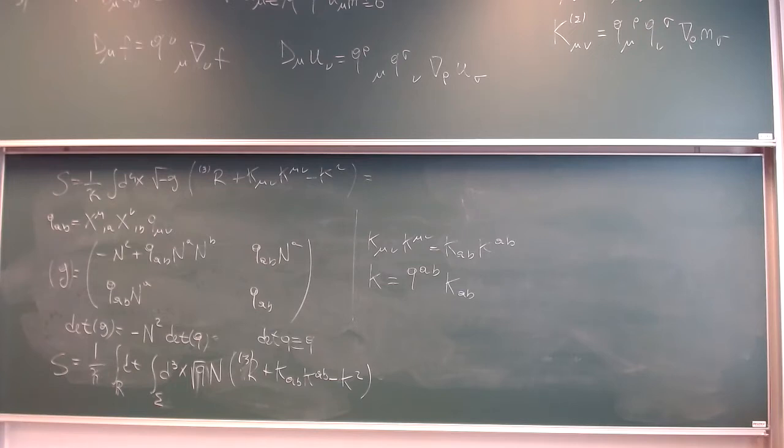No, not the signature. I mean, your N tells you the direction of propagation, forward in time. So if N is positive, you're propagating forward; if N is negative, you're going backwards. Yes, but the action doesn't change. You get plus or minus, of course, but the equations don't change.